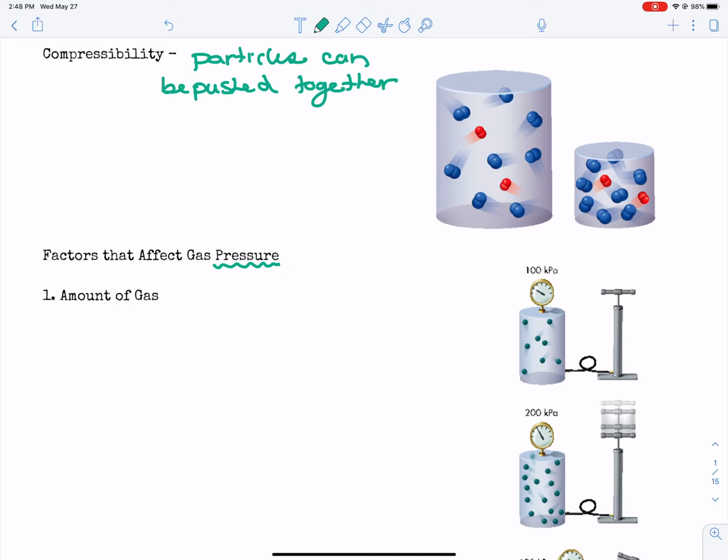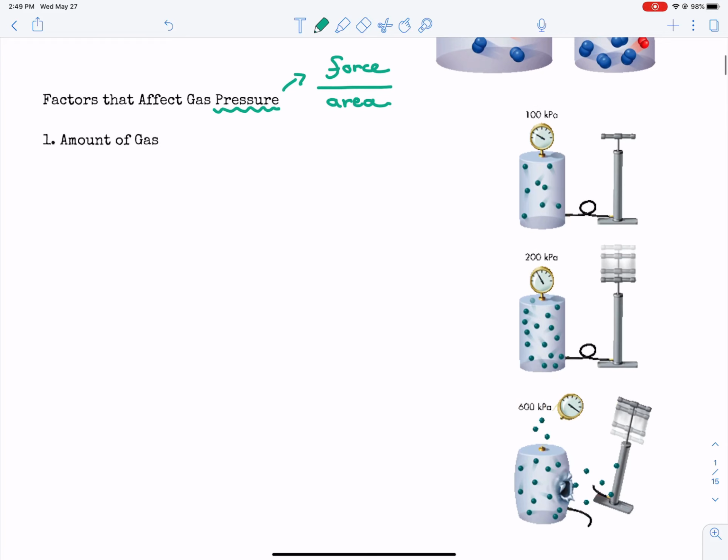Remember, in the last chapter, we talked about gas pressure a little bit, and we defined gas pressure as the force of the collisions over the area that the collisions happen over, so basically their container. In this first example, we're going to show what happens to pressure as I increase the number of moles of gas.